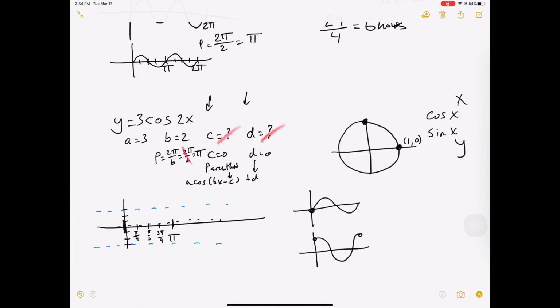Up here, so let's write this as cosine. Oh, this is sine. It's cosine. Again, this is just reiterating what we talked about before. 0, 1. So the cosine is our x value. So at pi over 2, right here, my cosine is 0, and at pi over 2, my sine is 1.